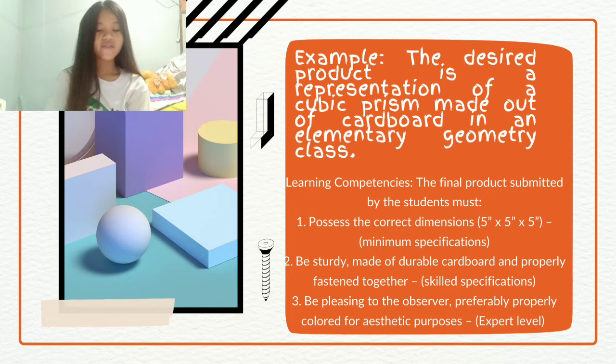The final product submitted by the students must first possess the correct dimensions 5 by 5 by 5, which is the minimum specifications. Second, be sturdy, made of durable cardboard and properly fastened together, which is the skilled specifications. Third, be pleasing to the observer, preferably properly colored for aesthetic purposes, which is the expert level.